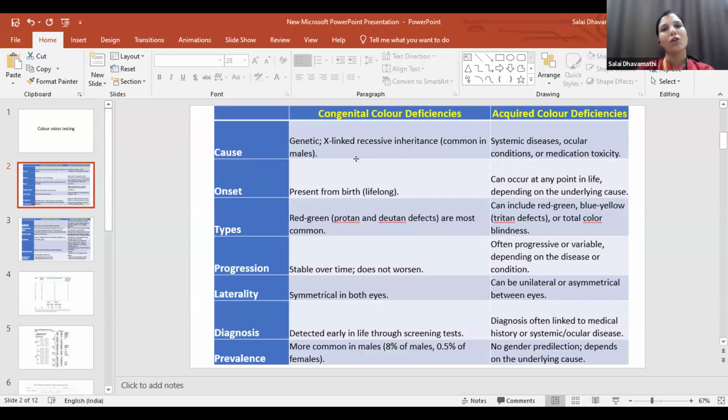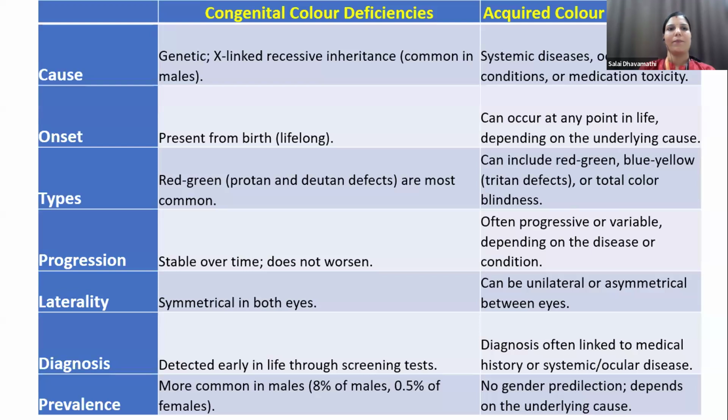Congenital, we all know, is hereditary, it's inherited. So the cause is genetic. Acquired occurs at later stages because of a systemic condition, an ocular condition, or drug toxicity. Onset in congenital is from birth. The most common type is red-green defect in congenital, and acquired includes blue-yellow and total color blindness.